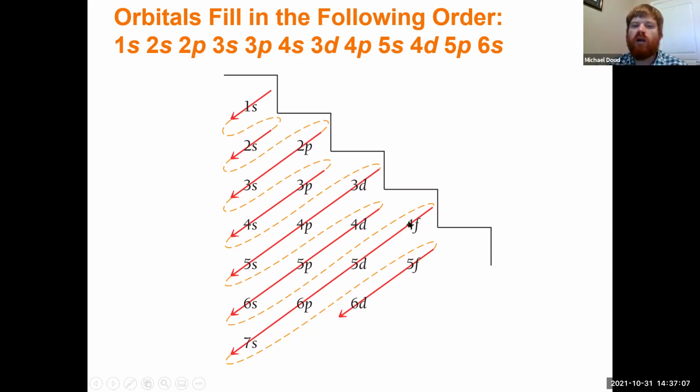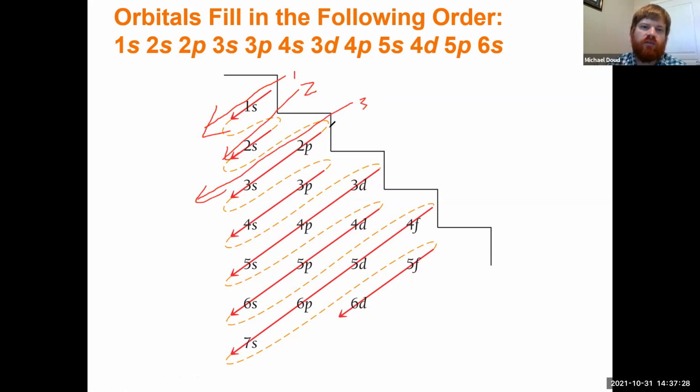So starting at n equals 4, we have 4f and then 5f here. And the way it goes is if you start from the top right-hand corner and go down to the left-hand corner, you're going to draw a line through each of these here. So we do 1s first, that's number 1. Then 2s second, that's number 2. Line number 3 first goes through 2p, then 3s.